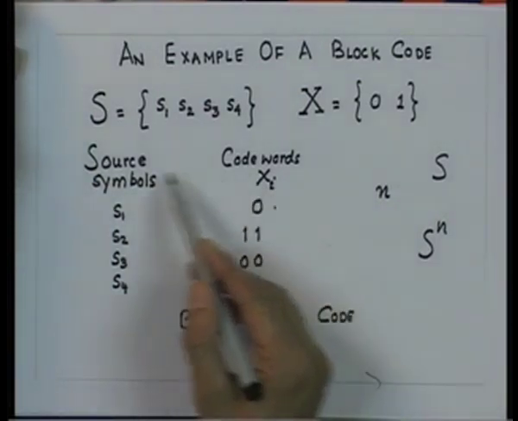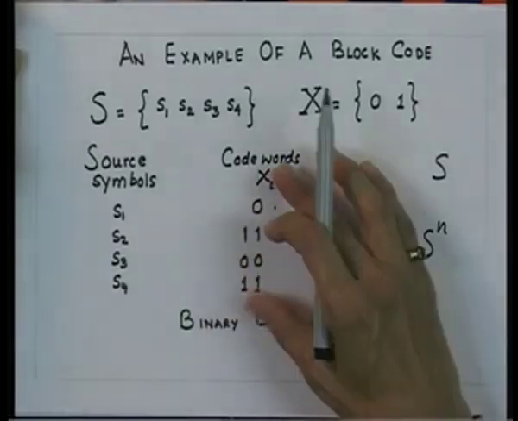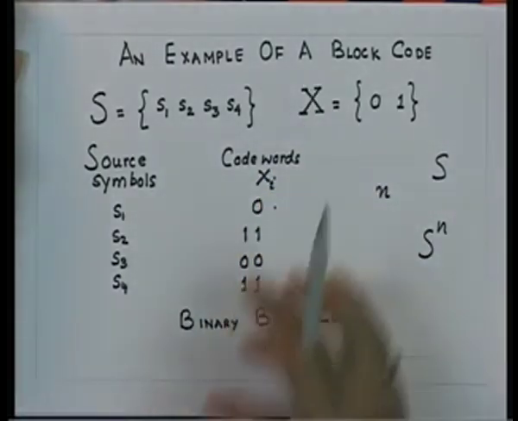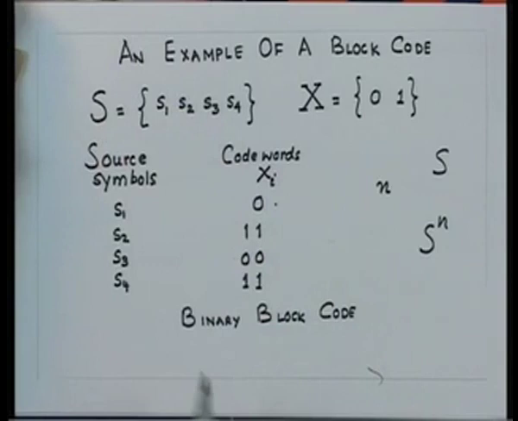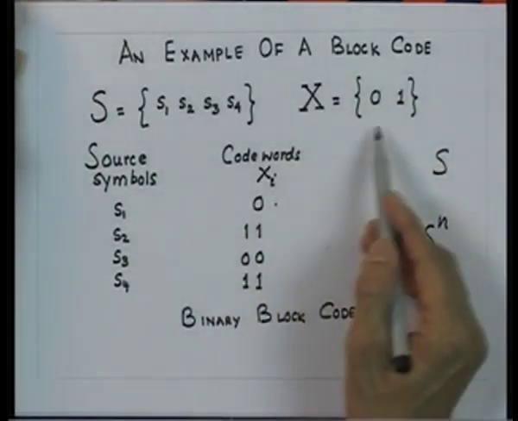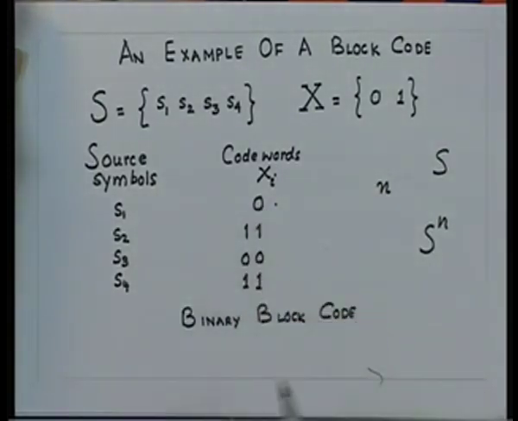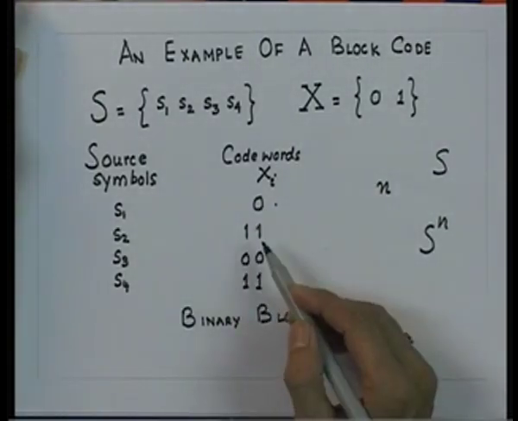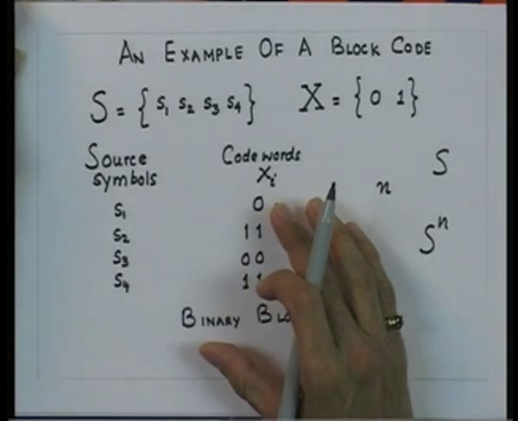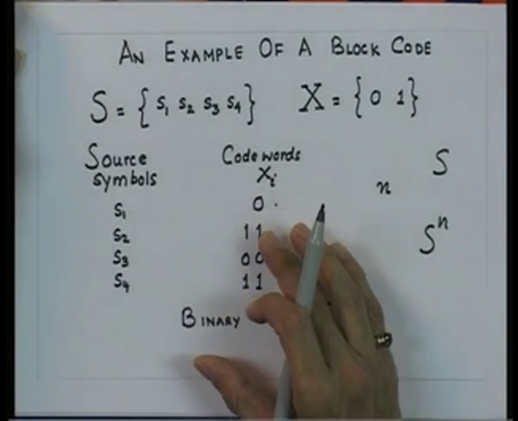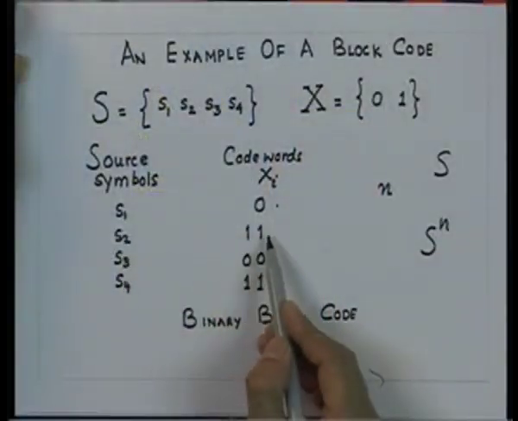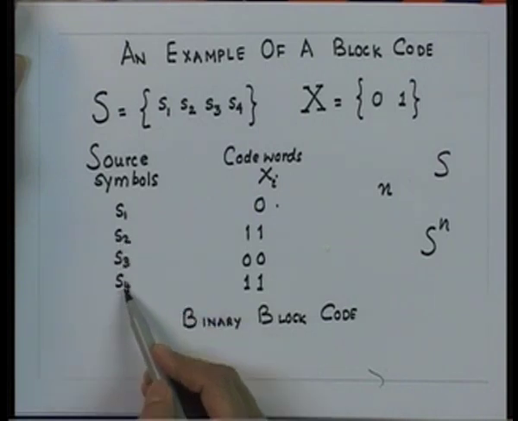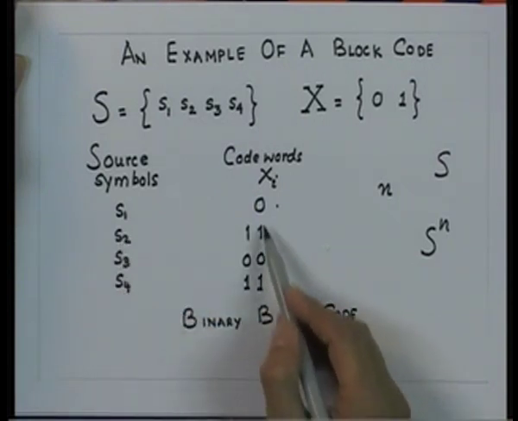Now, if you look at this code which I have designed, this is a particular code for this source S, and this code has been formed based on this code alphabet 0 and 1, and these are the code words. Now if you want to really use this code in a practical situation, there is some problem. The problem is that if you look at the code words for the source symbol S2 and S4, they are identical.